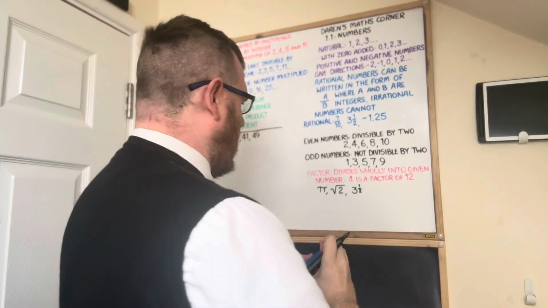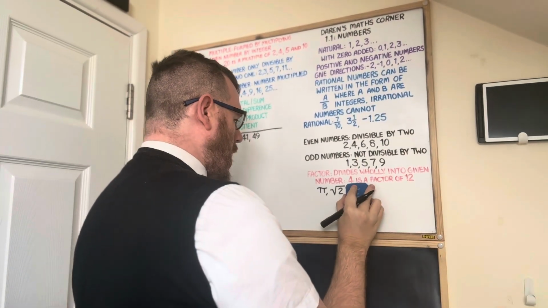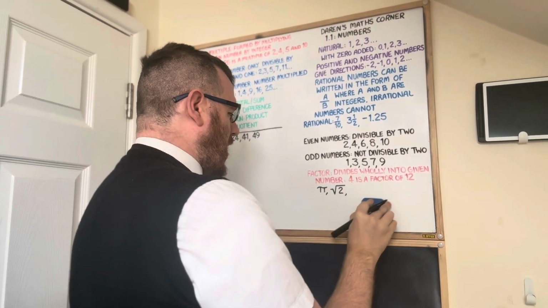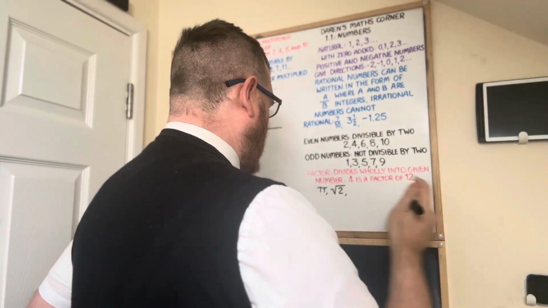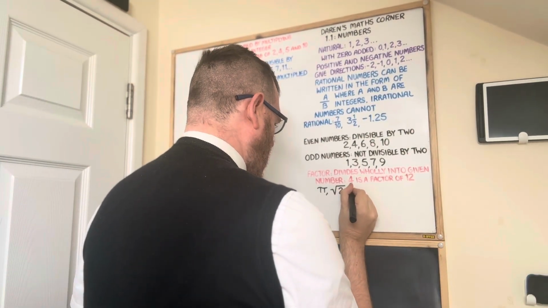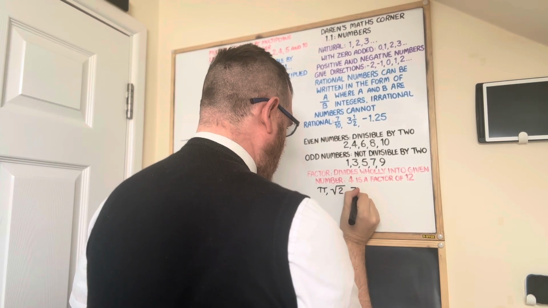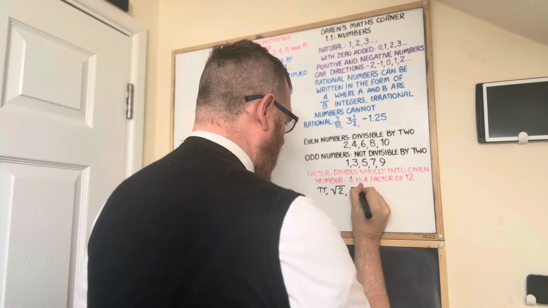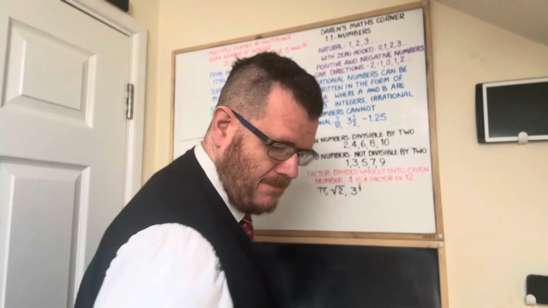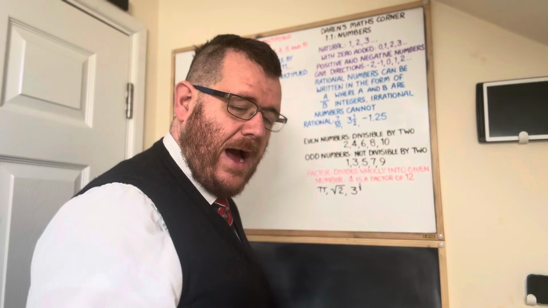Yeah, that looks like a fraction in itself. So what we're trying to get at here is 3 to the power of a half, like that. Or 3 to the power of 1/4 is still an irrational number.